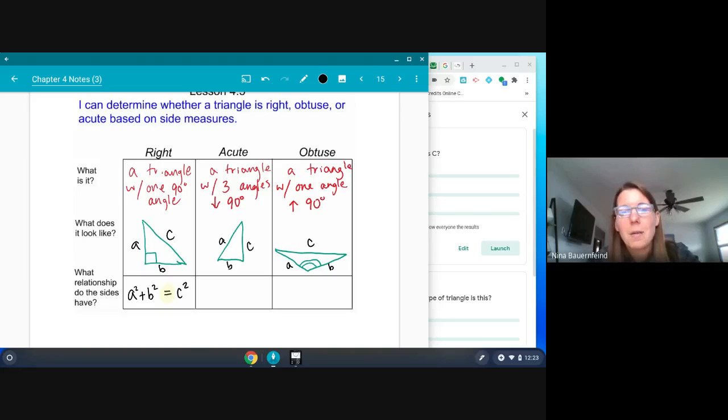If you take A squared plus B squared and compare it to C squared, in an obtuse triangle, and I'm going to start with obtuse because this one makes the most sense to me, C squared is going to be bigger than A and B combined.